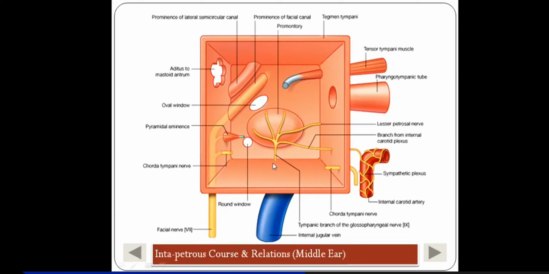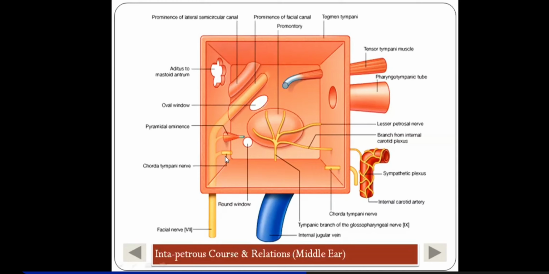You know what we are seeing is that the wall which is not drawn here has been removed, and it's the lateral wall of the middle ear cavity that has been removed to expose the contents. So that lateral wall is formed by the tympanic membrane, right?